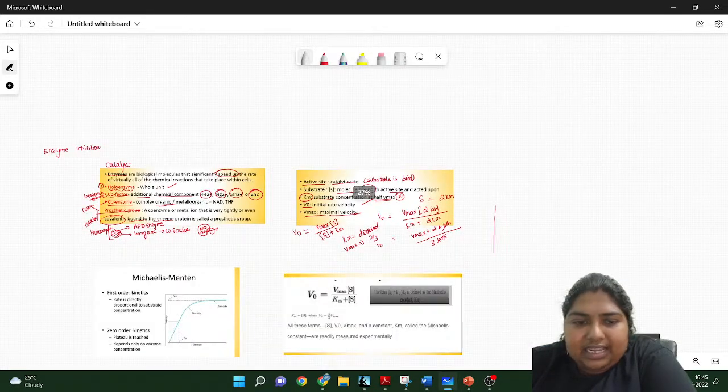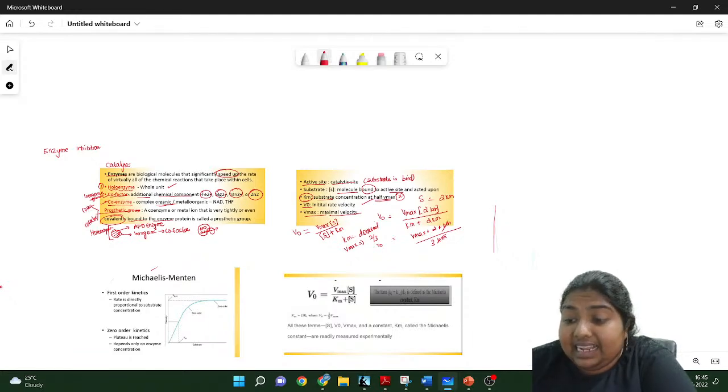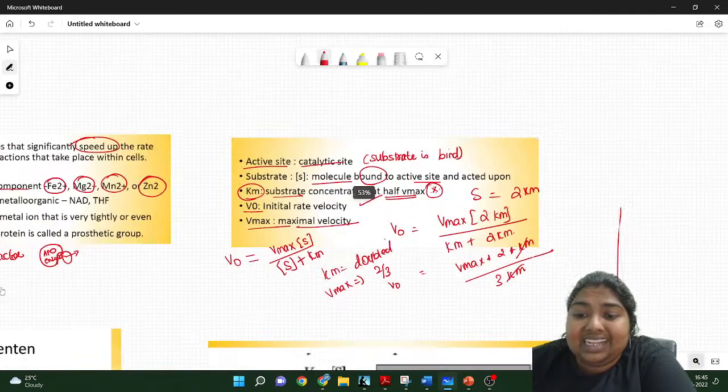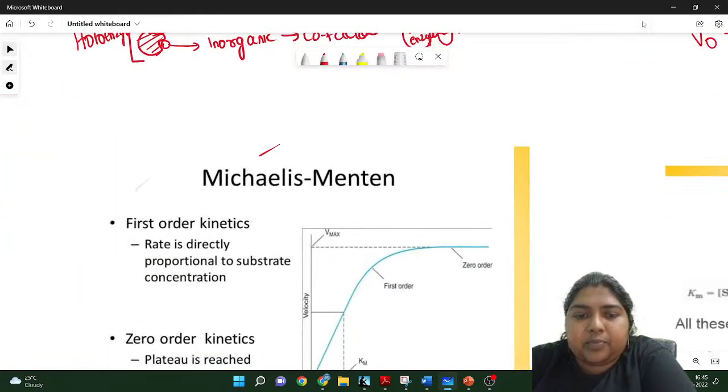The next one we are going to see is about your equation, the Michaelis-Menten equation. This equation tells us more information about the behavior of enzymes, how our enzymes are doing.